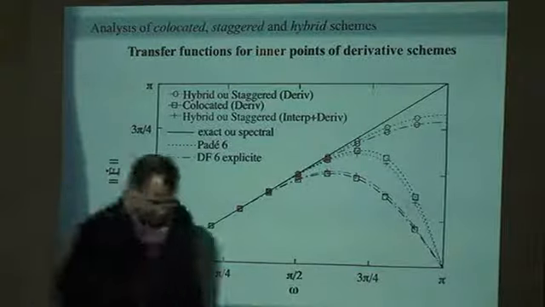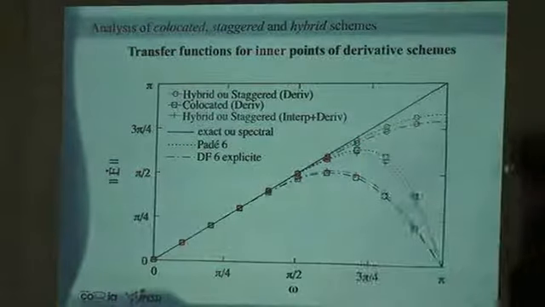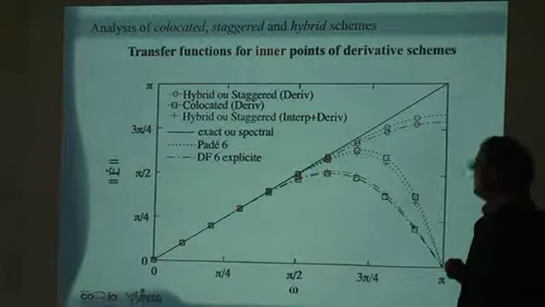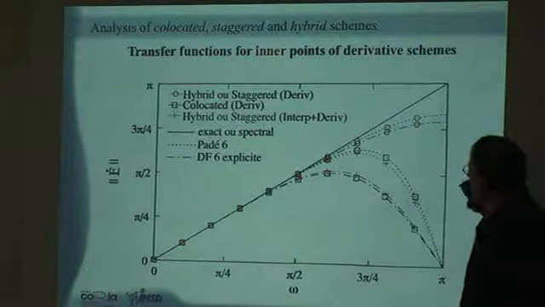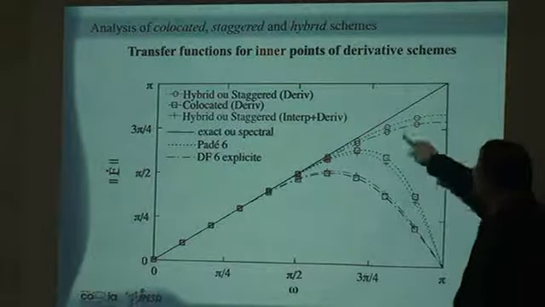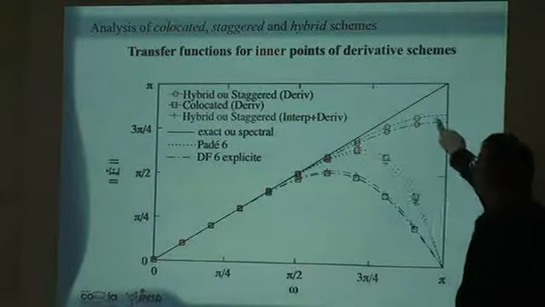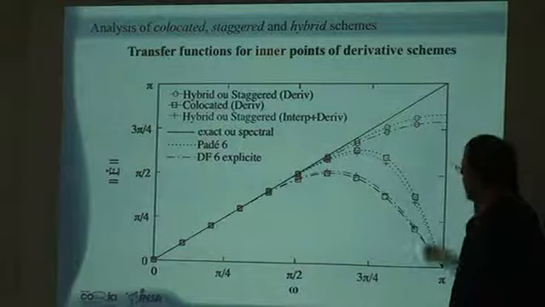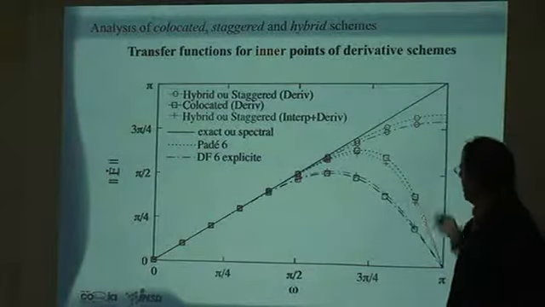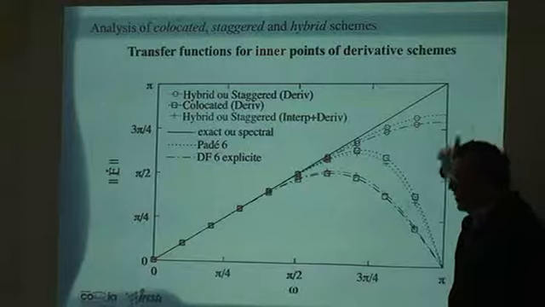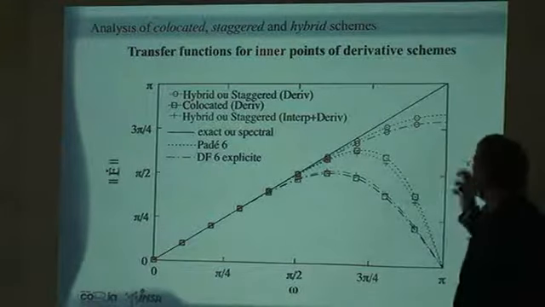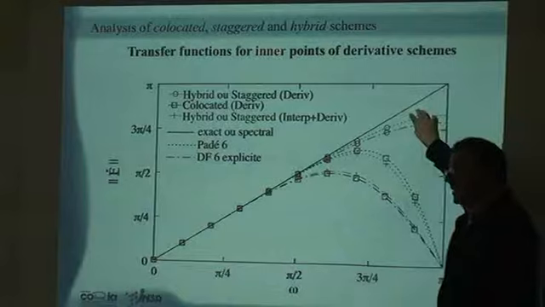And what we have inside is that we can manage to get the advantage of the staggered scheme with the collocated scheme. Some variables will be calculated with this scheme.